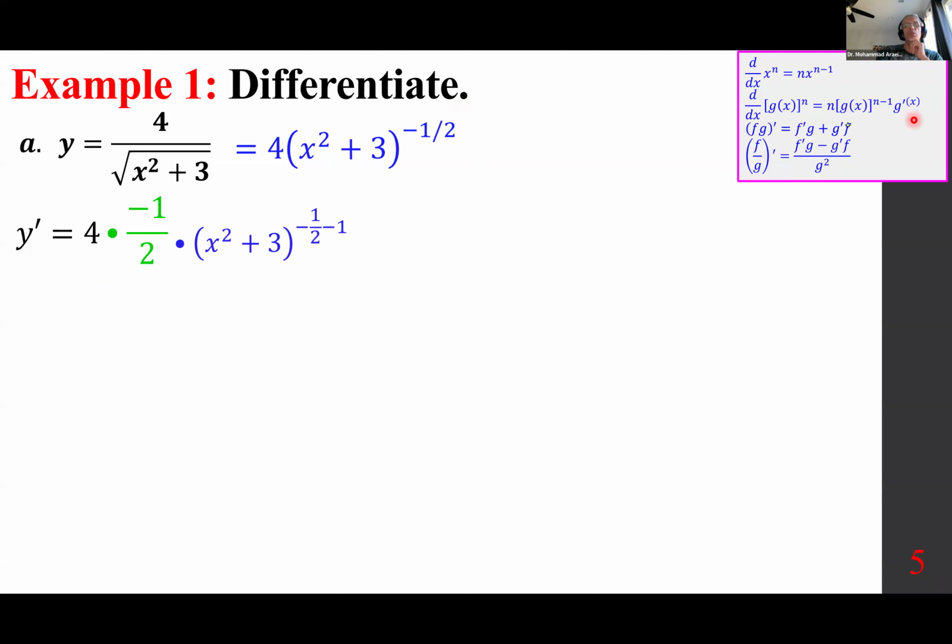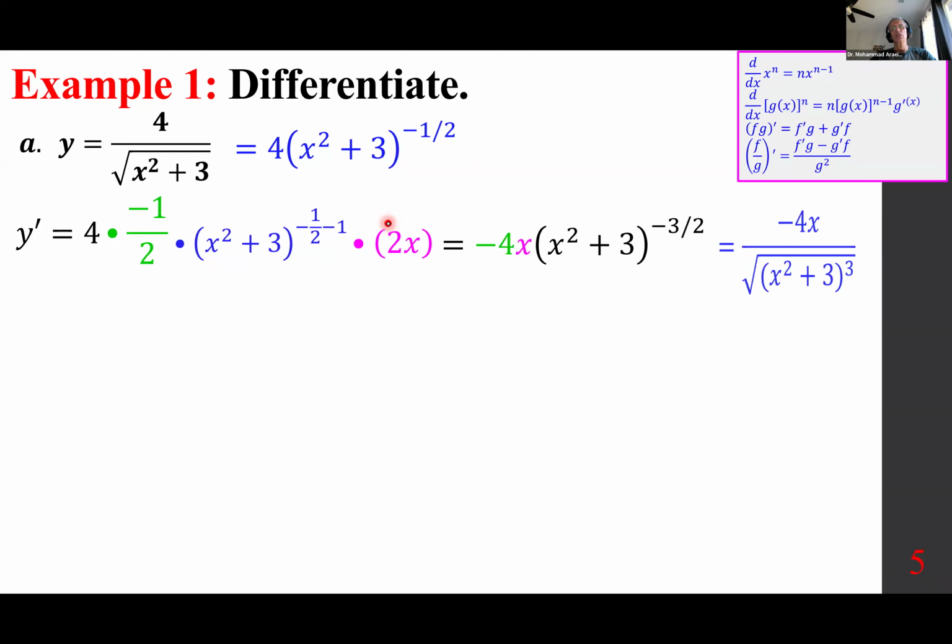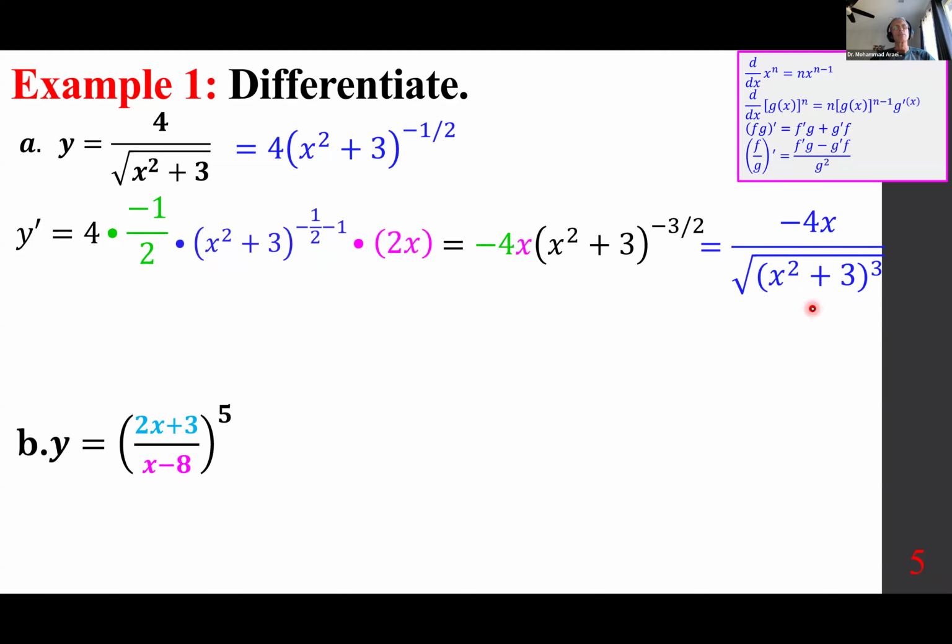By the chain rule, g prime of x, the derivative of the inside is 2x. This goes down, takes the positive 3/2 as the exponent. This 3, their product is negative 4x. They remain in the numerator. If you want to change it to a root format, you can.